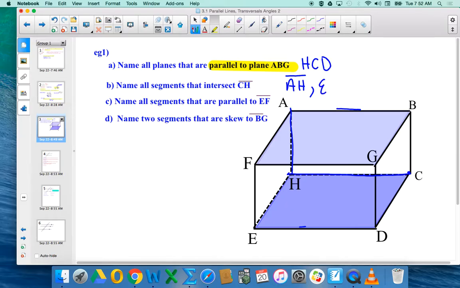We have EH, and we have BC, and we have DC. You'll notice that each one of these segments has either an H or C as part of its segment.